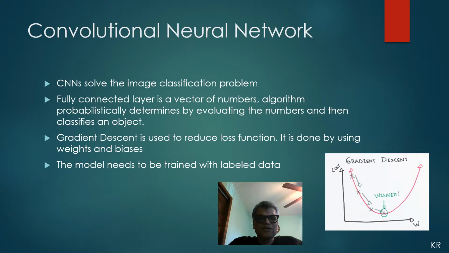This slide is just the summary of what we talked about. Essentially, as we discussed, CNNs are used to solve image classification problems, and the model needs to be trained with labeled data. I will not touch upon areas like gradient descent because the whole discussion can get very complex when we talk about that. We would leave it at this high level and now talk about use cases when it comes to medical diagnosis.